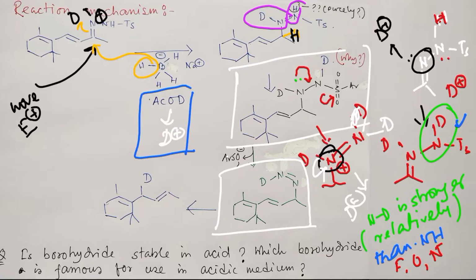So you may consider this is a 1,5 hydrogen migration, a 1,5 hydride migration. Okay, so how can you think about the story? You can write the mechanism in this way.